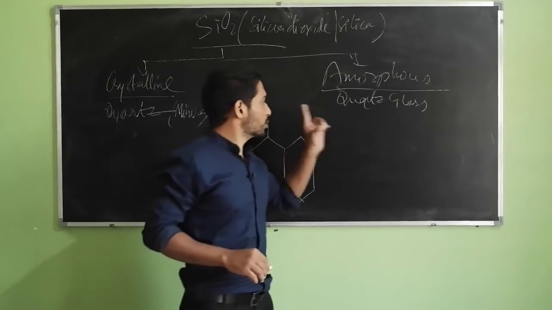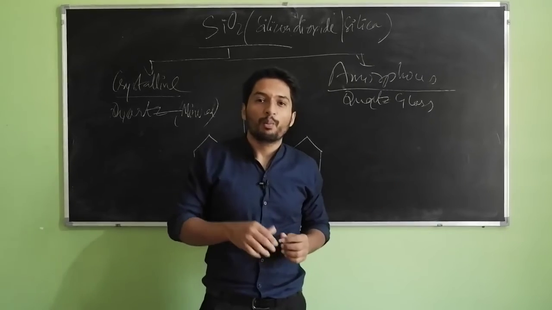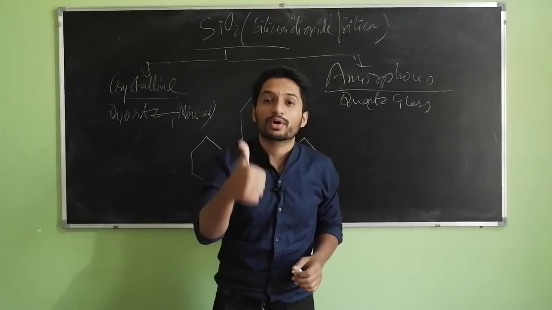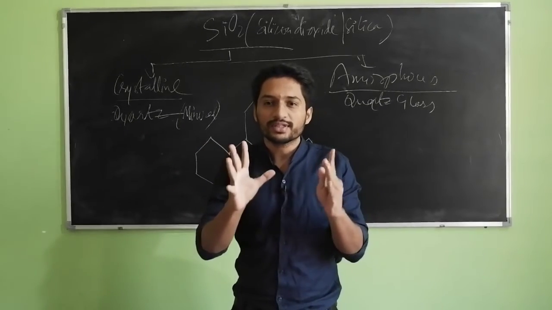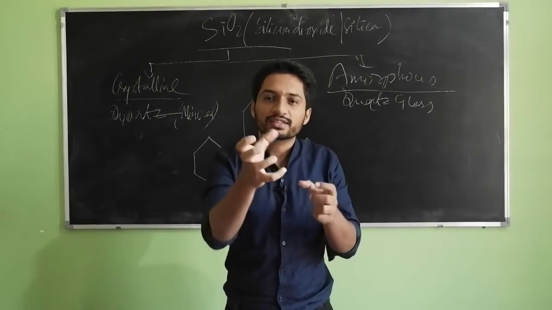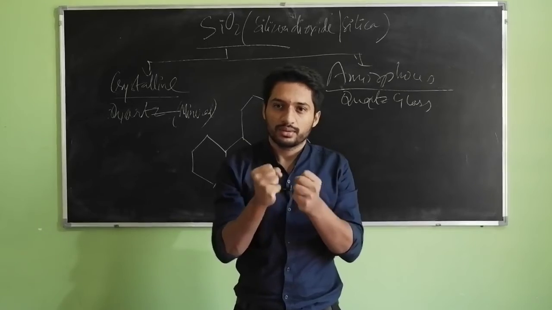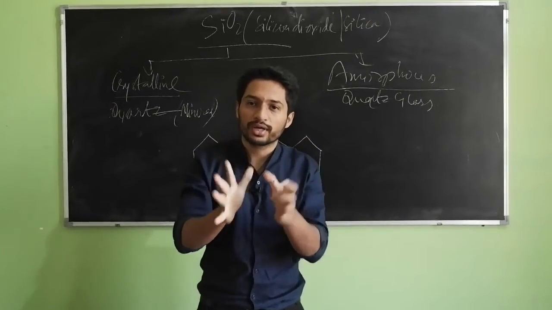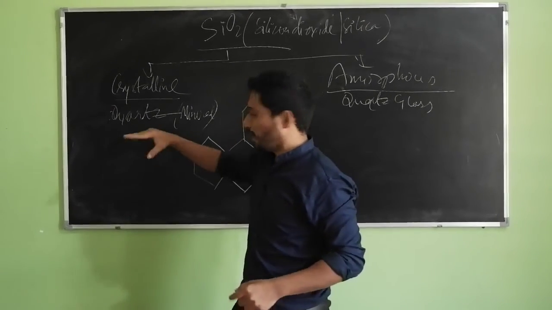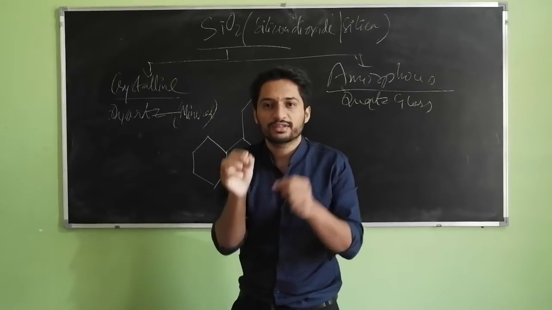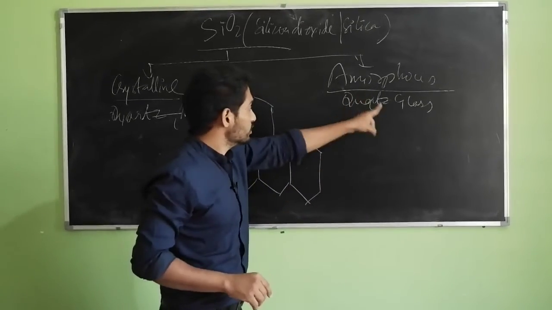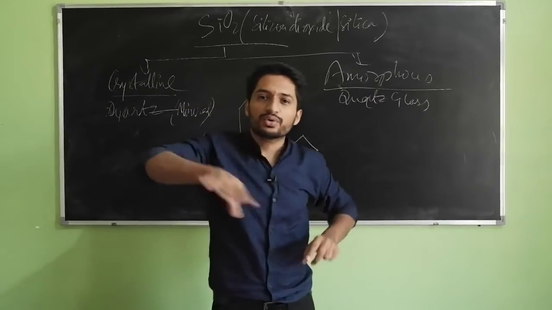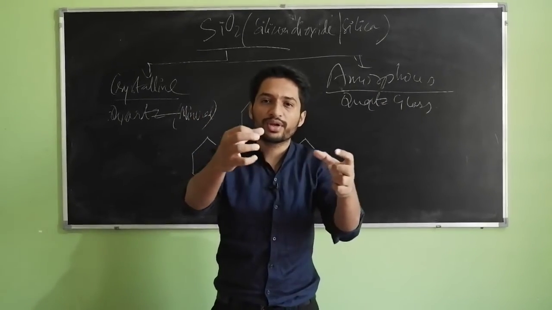What is the difference between quartz and quartz glass? Both are SiO2, but in case of quartz, the molten state takes time to crystallize. The cooling is slow, that's why the arrangement of atoms is in a regular shape. But in case of amorphous, there is no regular shape. The cooling is rapid.